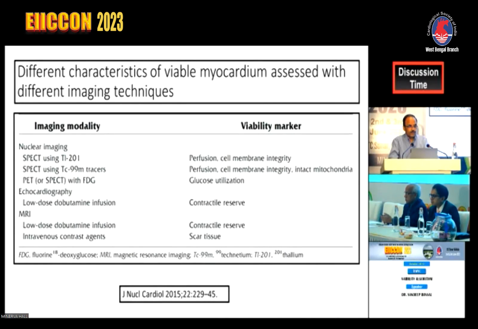So these are the various modalities on the left side. You have nuclear imaging studies, which use perfusion, cell membrane integrity, and presence of intact mitochondria to judge whether the area is viable or not.